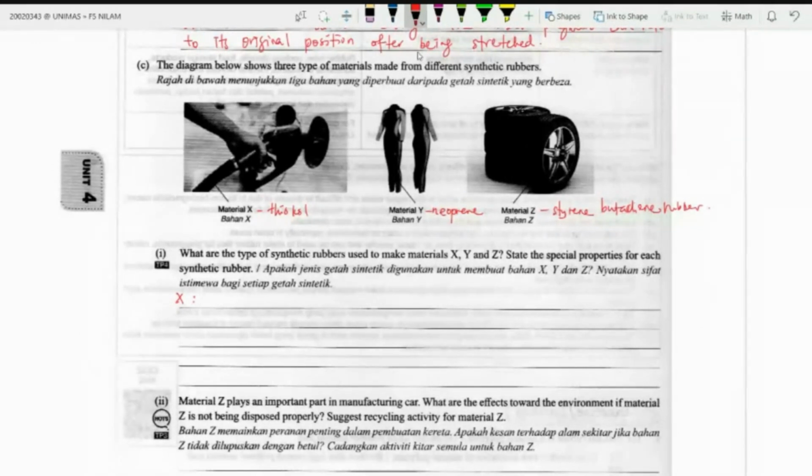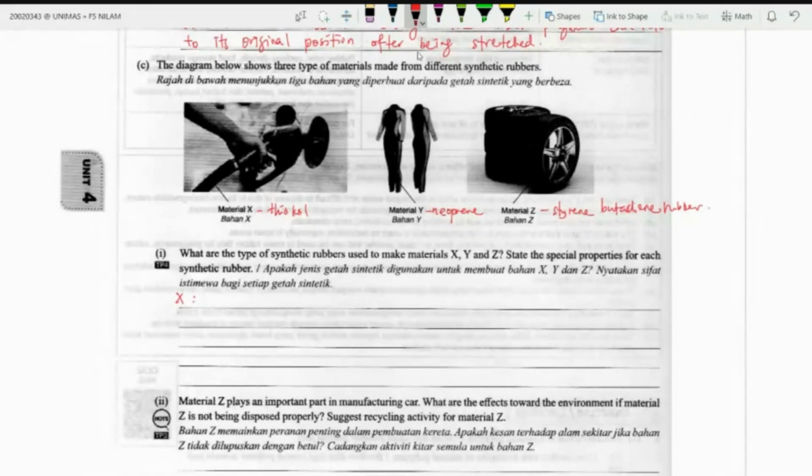Next one, material Y. I would like to ask Michelle. And then material Z. What is the special characteristic? This one I would like to ask Winnie Wong.